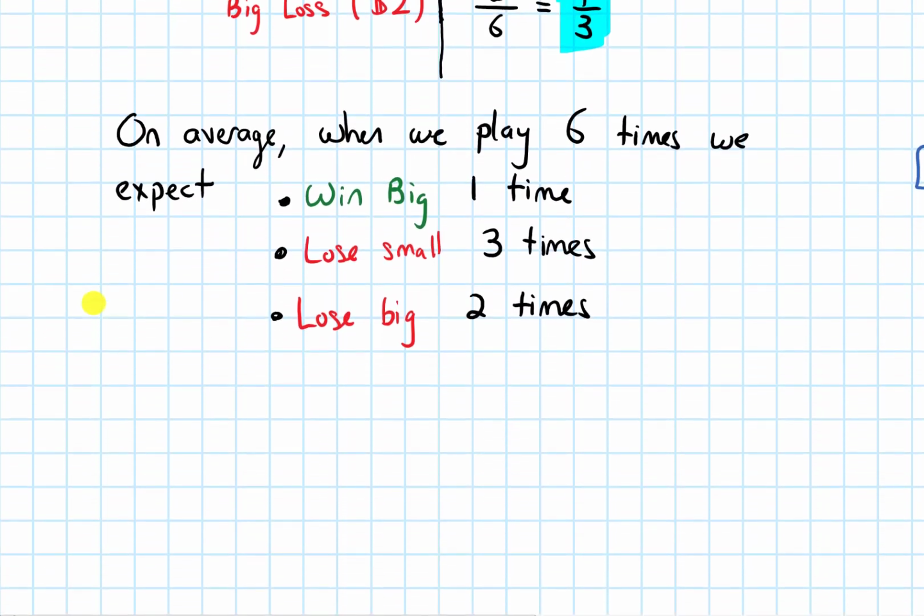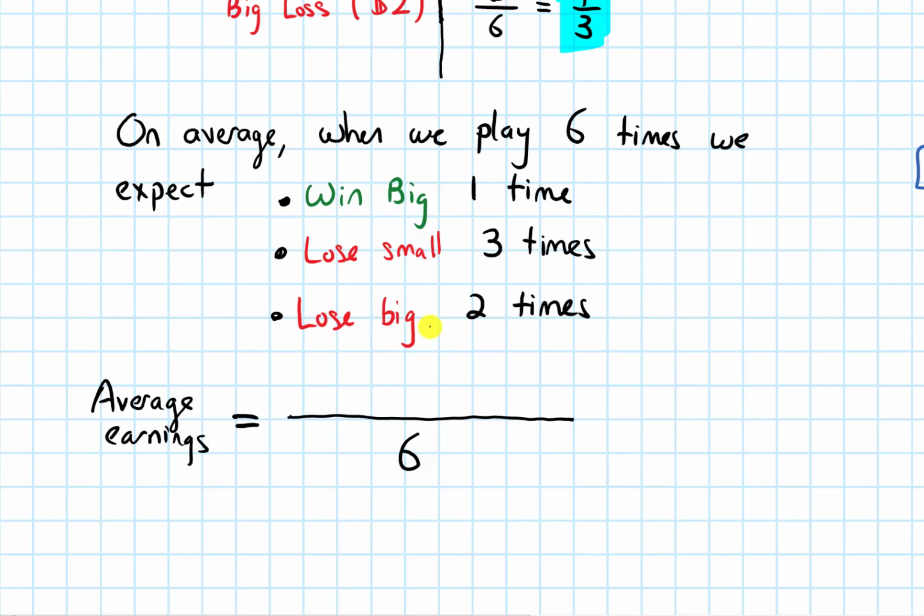Now let's use this to write down our average earnings. Based on these values, I'm going to set up a fraction because I have an average, and I'm playing 6 times total, so 6 is going to go on the bottom. And on the top, I need to count my total earnings that ended up happening between winning big, losing small, and losing big.